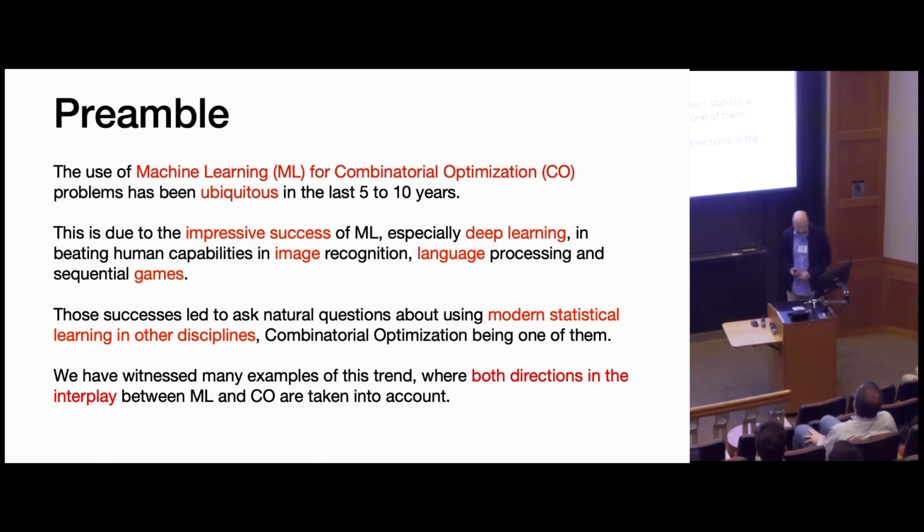This has been the starting point of a long journey, roughly 10 years by now. In particular, the part I'm interested in is the use of machine learning in discrete optimization.